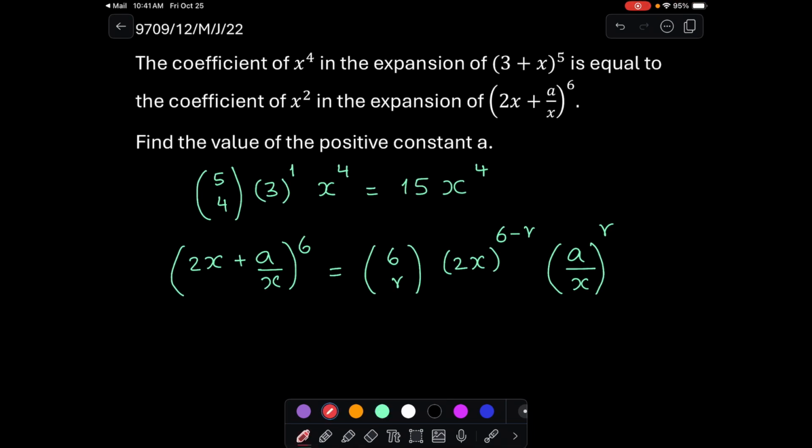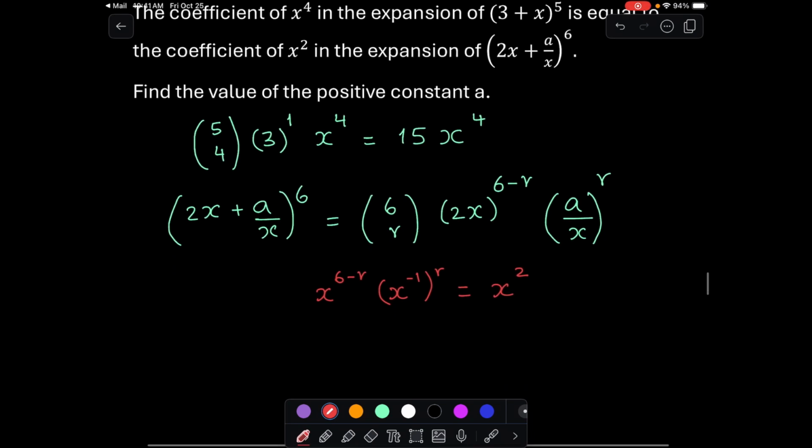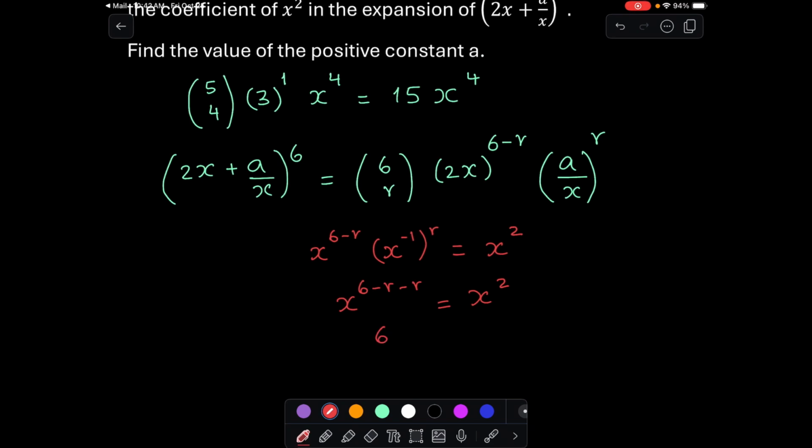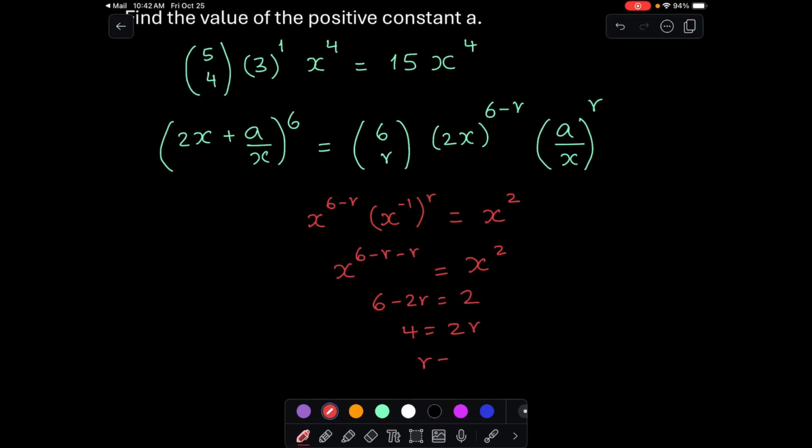So I'm going to set up my equation. x to the power of 6 minus r, x to the power of minus 1 because the x is in the denominator, to the power of r is equal to x square. So x to the power of 6 minus 2r is equal to x square. That gives me 6 minus 2r is equal to 2, or 4 is equal to 2r, r is equal to 2.